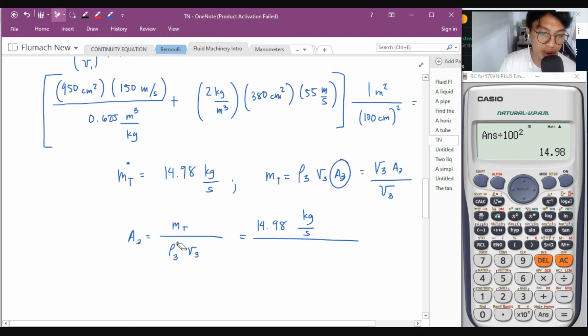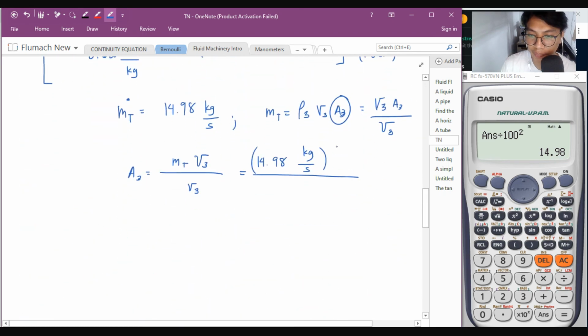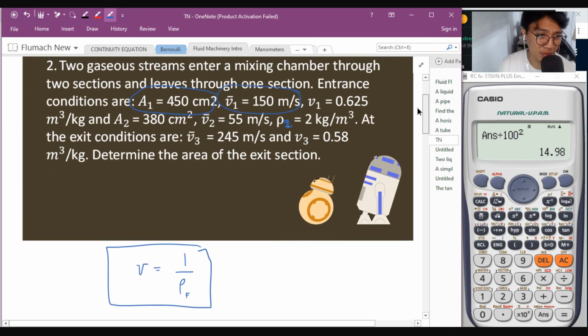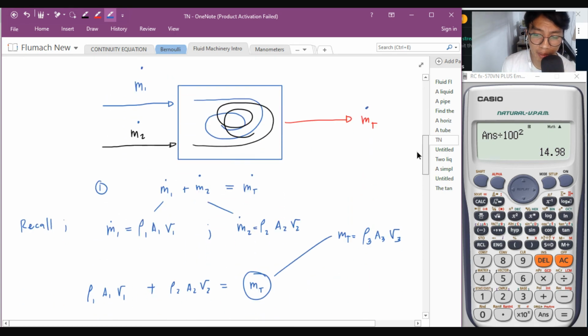So, hindi na siya density 3. That is specific volume at 3. O, specific volume yan, ha? Binigay dyan. So, 0.58 per kilogram. Velocity 3 is 245 meter per second.